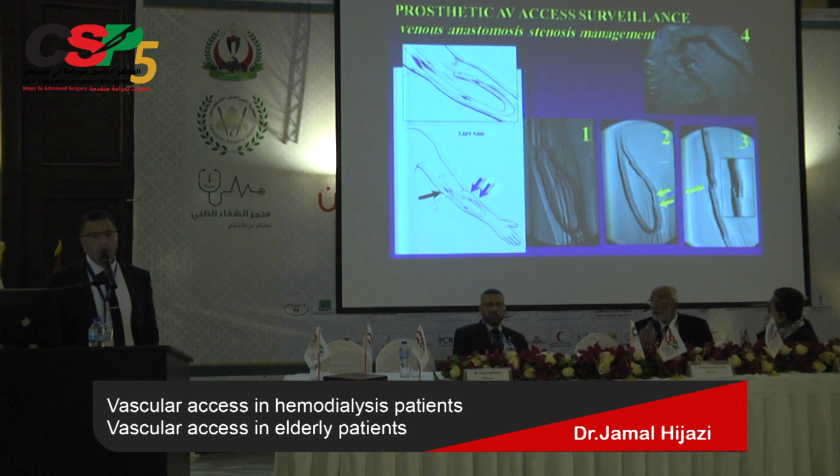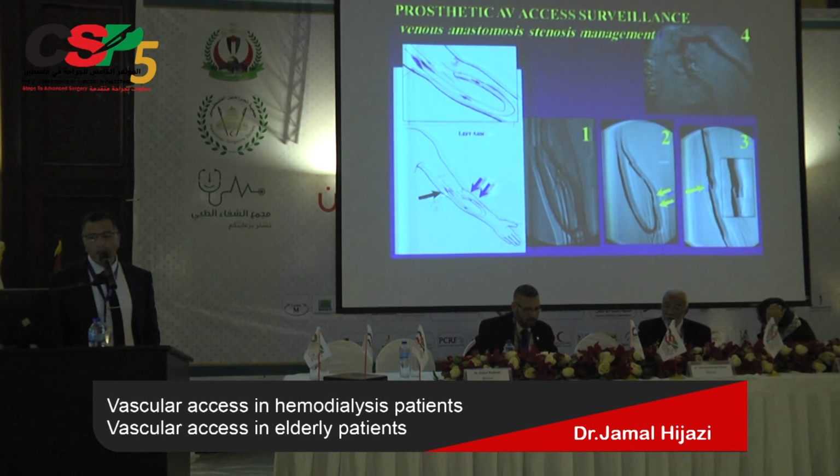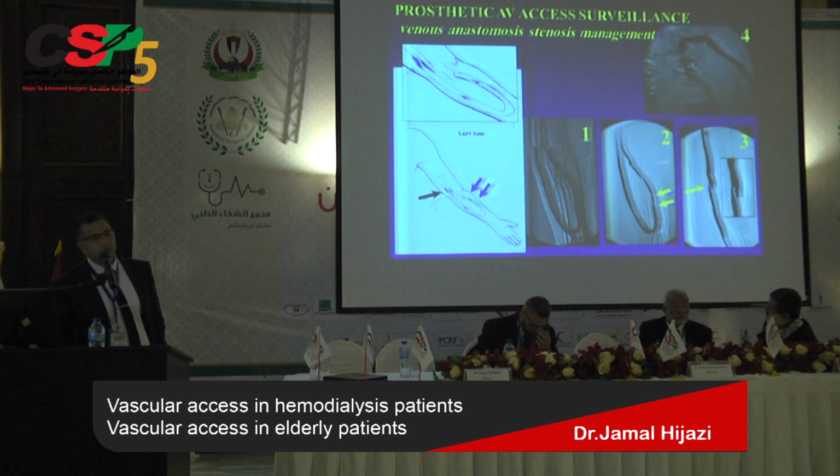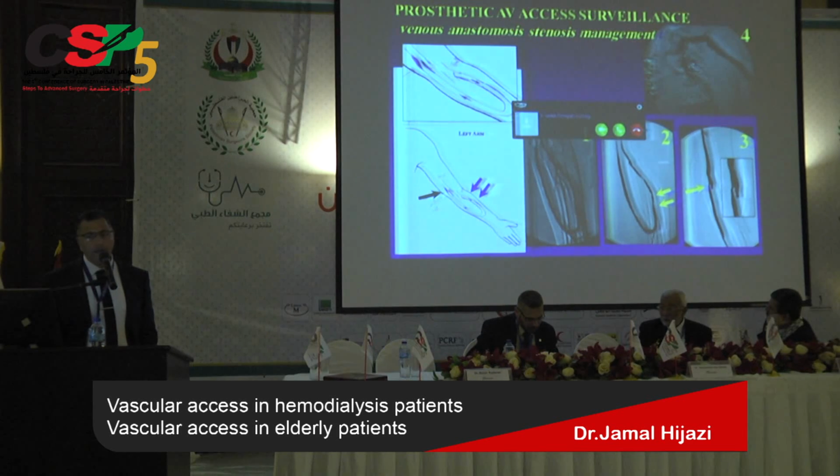After that, whenever I do ultrasound, I draw the fistula to mark where the stenosis is. For me, it's informative. For the interventional radiologist, it's also informative. You can know where the stenosis is and from which side he can puncture to do PTA.